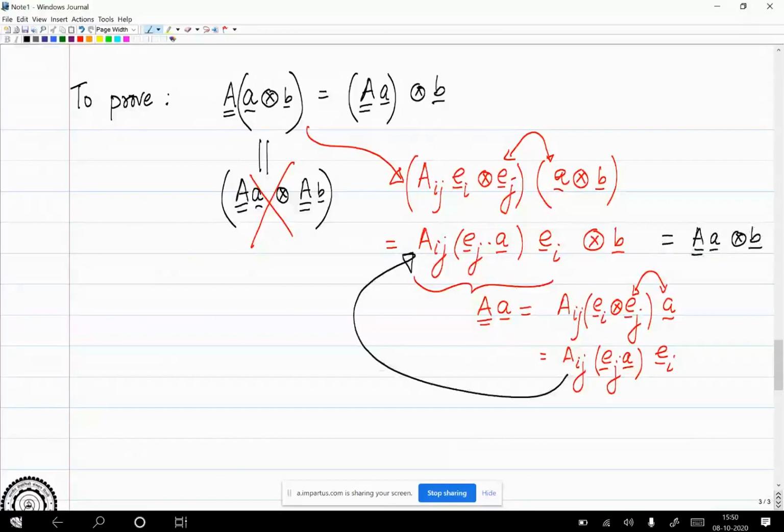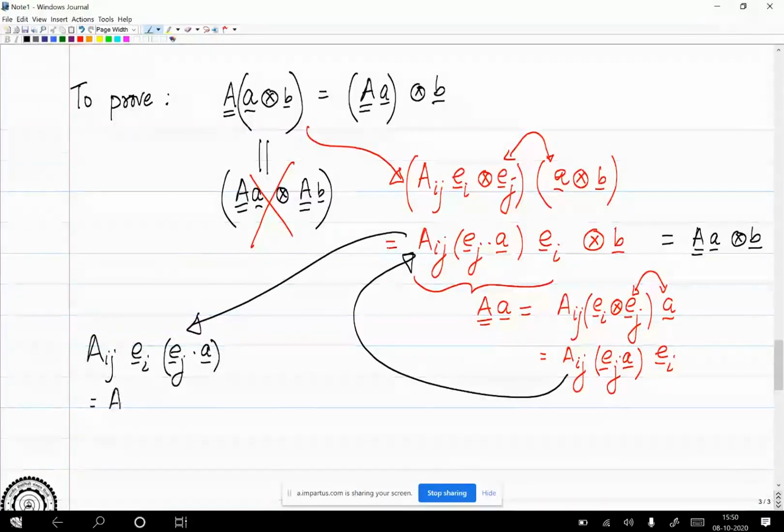The other way, now that I see that I could work it out, you could have also come directly from here. I could have written this as Aij Ei Ej dot A, isn't it?